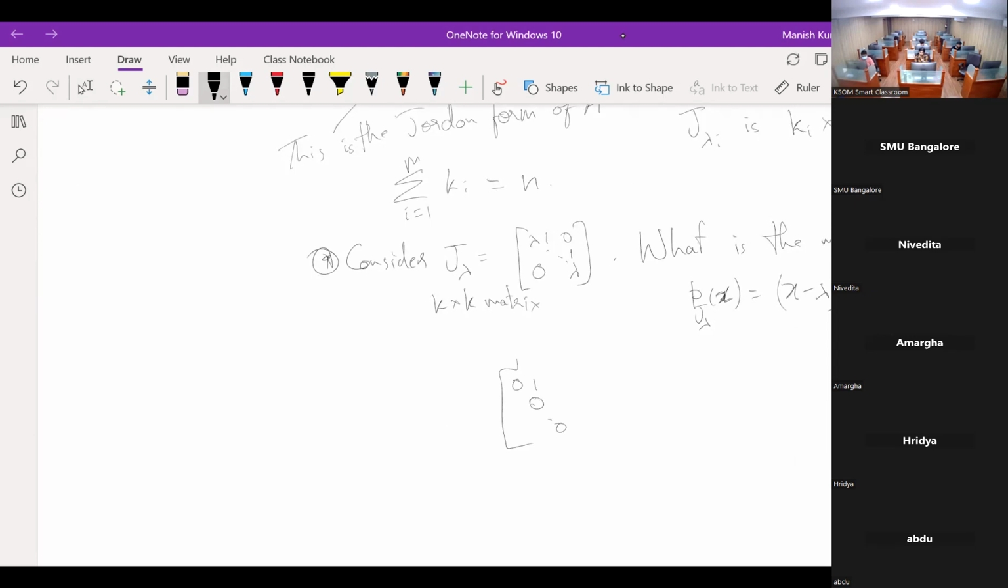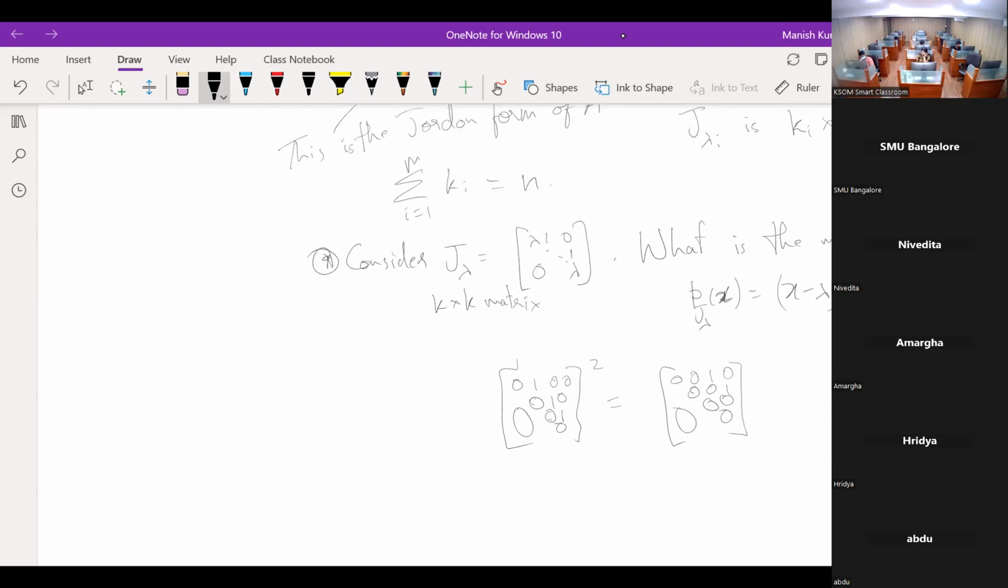If you square it, the ones will move a little, so you'll get 0, 0, 0, and then 1, 0, 1, and it will stay upper triangular.